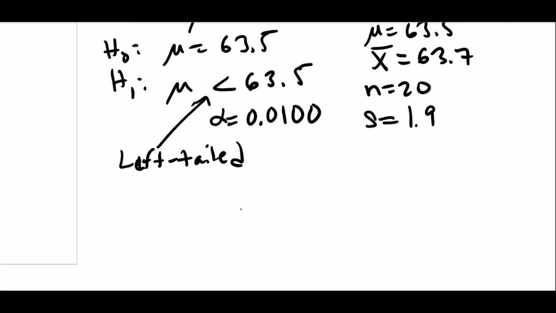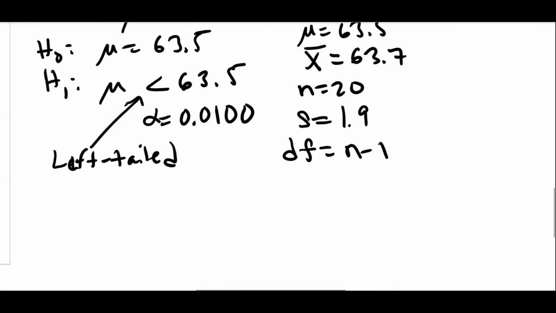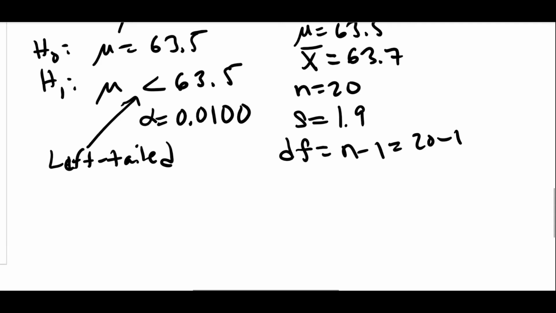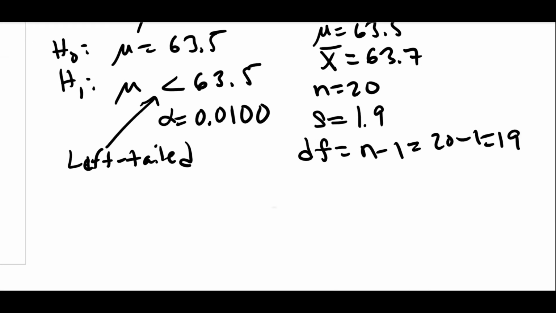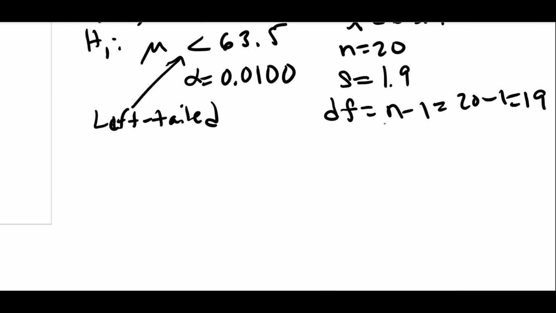Since we're using the t-test, we need to figure out our df. Remember that the df is calculated by doing n minus 1, just like it was for chi-square. So it's 20 minus 1, which is 19. All right, so we have a t distribution. Remember, the t distribution is flatter than the z distribution, so I'm going to draw it so that it looks flatter.